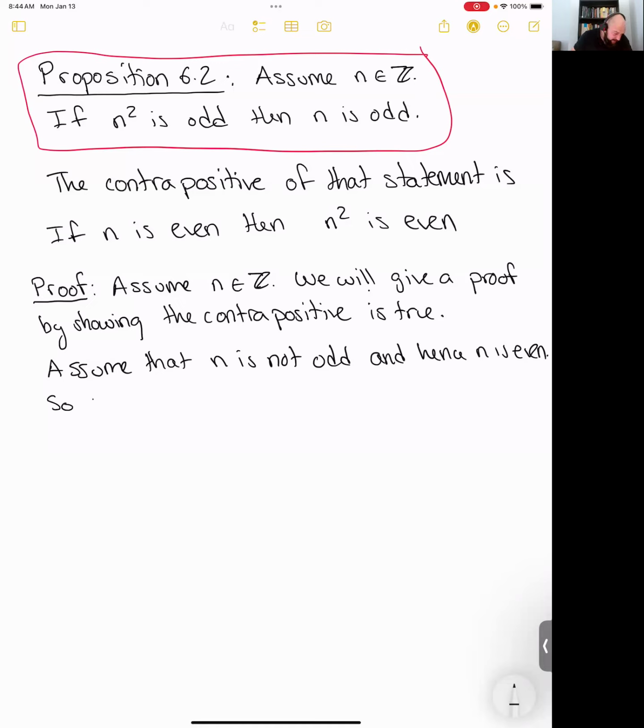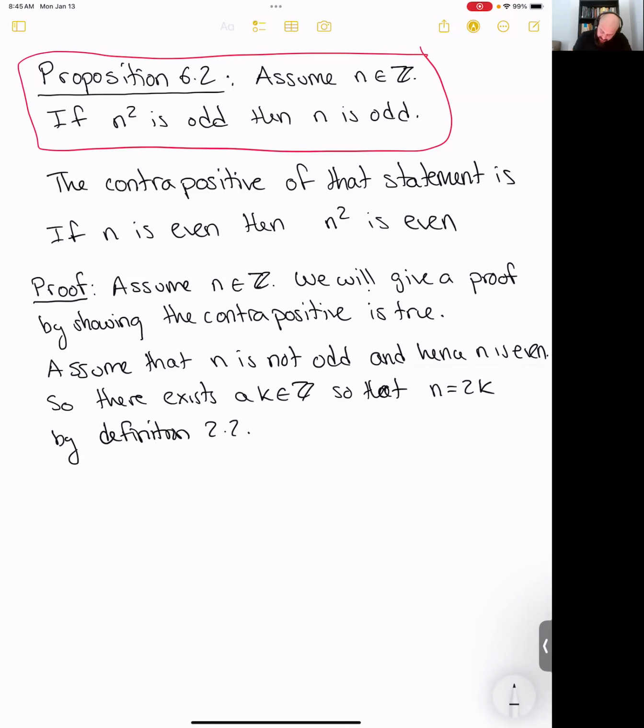So there exists a k which is in the integers, so that n is equal to 2k by, we can be very specific here if we like, by definition 2.2, but honestly, you'd be happy just to say by definition here because it's such a basic definition in mathematics. And so anytime you have an even number, it can be written as 2 times something.